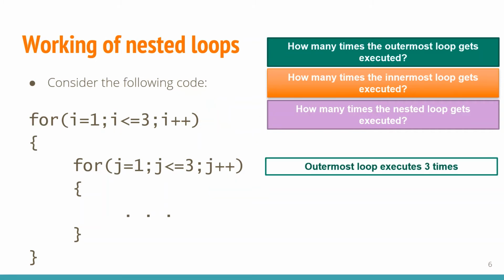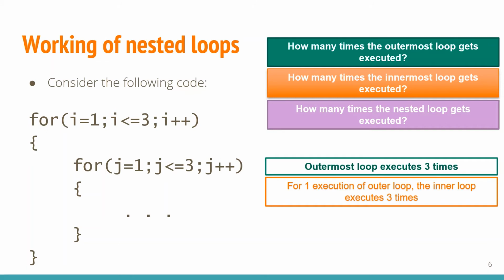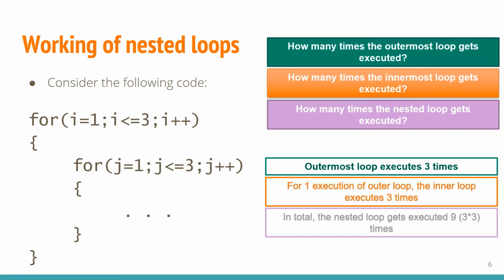The answer for the first question is the outermost loop executes 3 times. The answer for the second question is for one execution of the outer loop, the inner loop executes 3 times. The answer for the last question is in total the nested loop executes 9 times. Why is it 9 times?